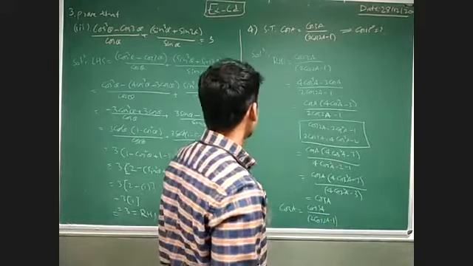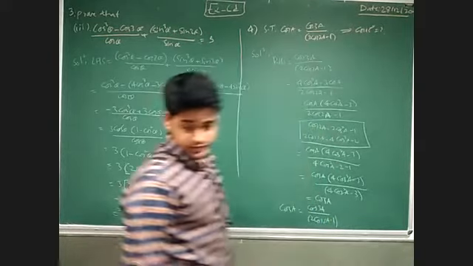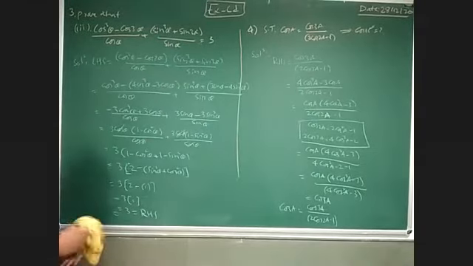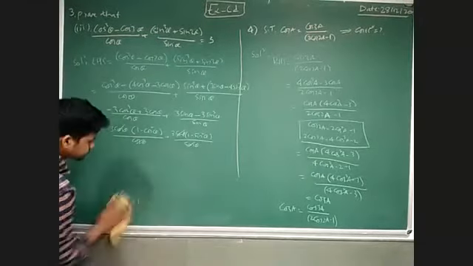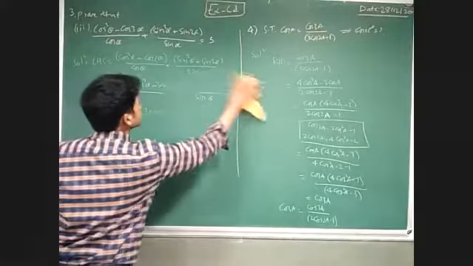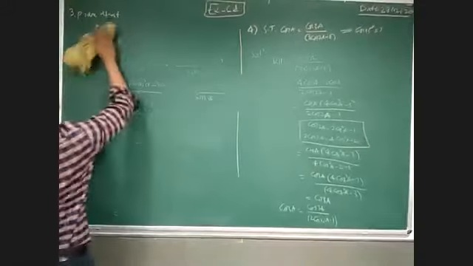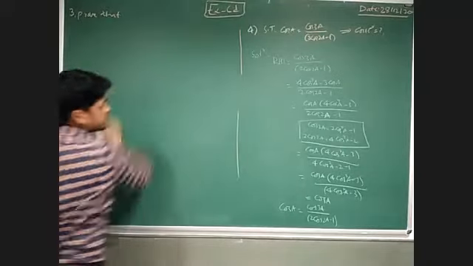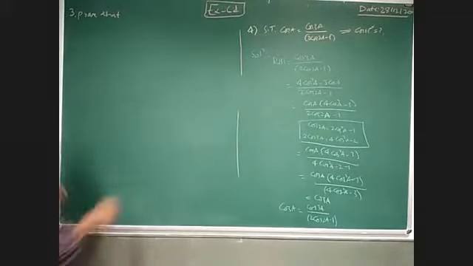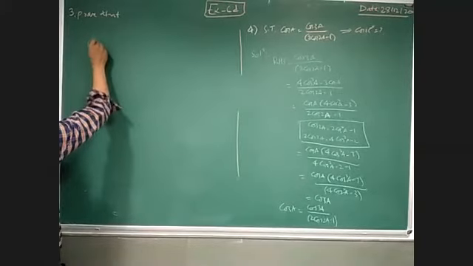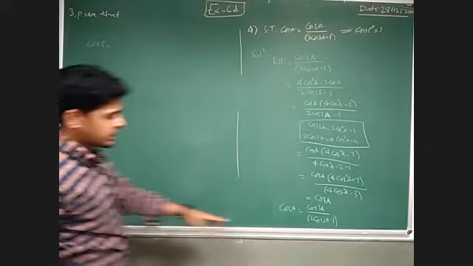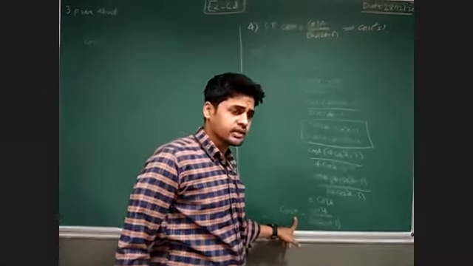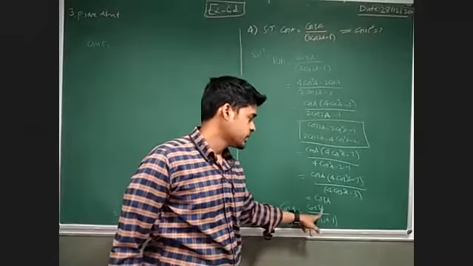Okay, now we have to find cos 15. Now just see here, if I am taking cos 15, I'm taking A equal to 15. So here I have to put 15 in the place of A, wherever A is present.